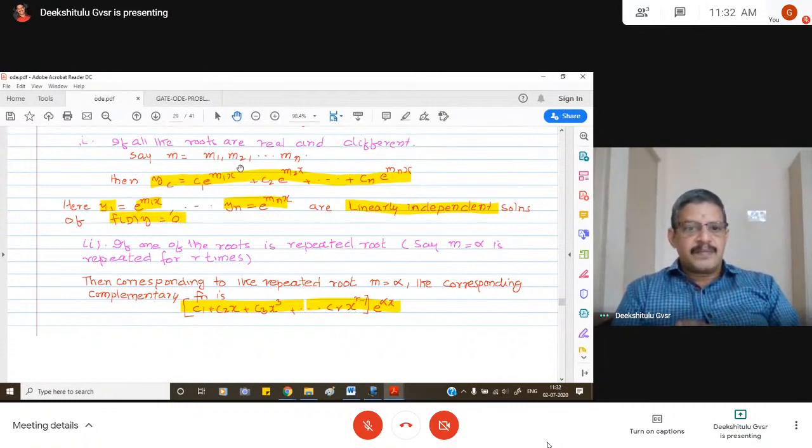If it comes twice, then c1 plus c2 x, up to x to the power 2 minus 1. If it comes 3 times, up to x to the power 3 minus 1, that means c1 plus c2 x plus c3 x squared. So it should be c3 x squared; that was a mistake.